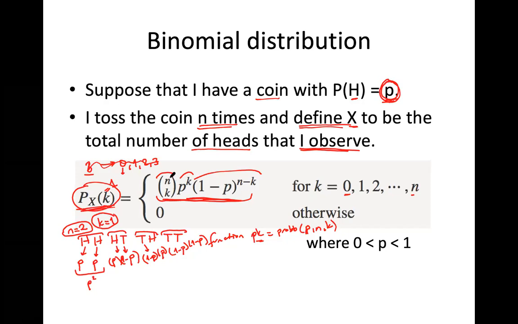For example, I'm going to write the combination of 2 and 1, P to the power 1, 1 minus P to the power 2 minus 1, which is equal to 2 choose 1, P times 1 minus P. What do you see here? Why do I have this term over here?